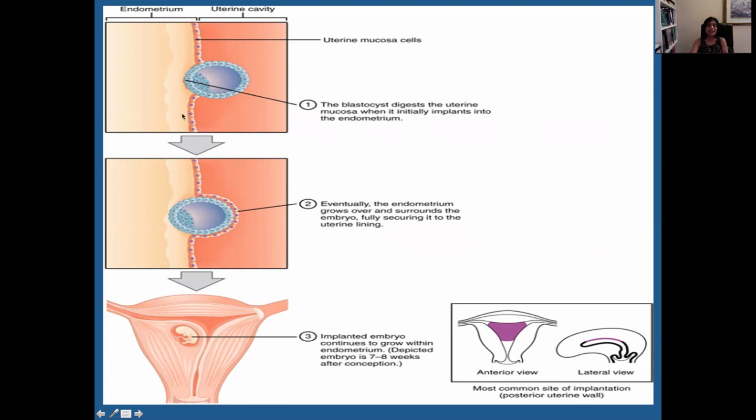Let's understand the layers a little bit. This is where we have the endometrium, innermost layer in the uterus, and this is uterine cavity, the hollow space. Now, myometrium should be on this side somewhere and it's not shown.